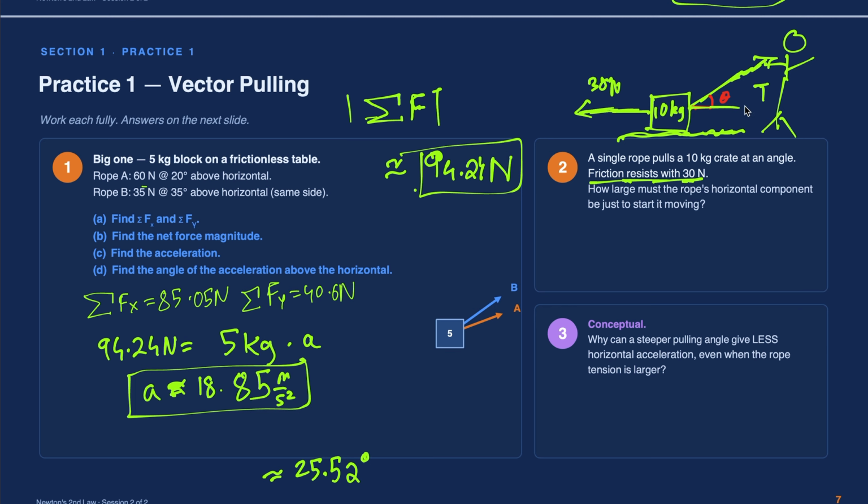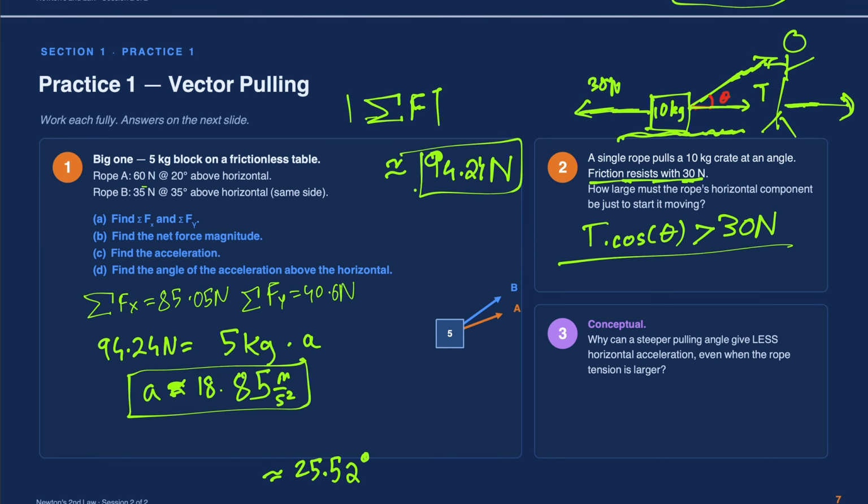My horizontal component, tension times cosine of theta, has to be greater than 30 newtons, because that's when it overcomes the friction and moves the crate. Since there are only x forces here, they only work with each other, not the y force. So it has to be greater than 30 newtons.